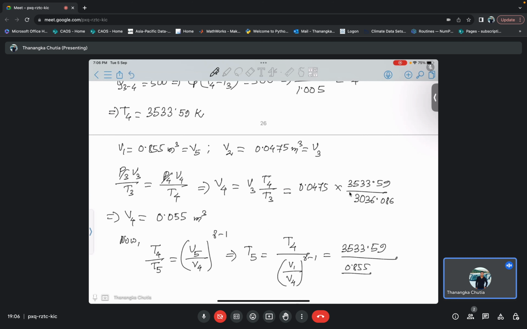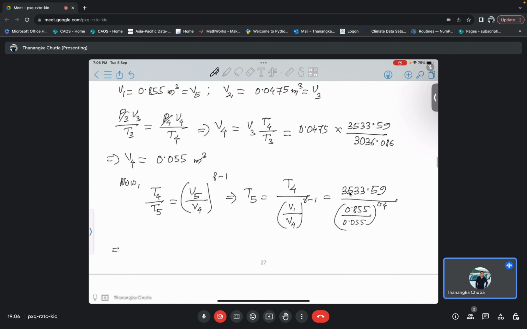What is V4? 0.055. And gamma minus 1 is 0.4. Okay, so from here T5 is equal to 3533.59 by (0.855 divided by 0.055) to the power 0.4.